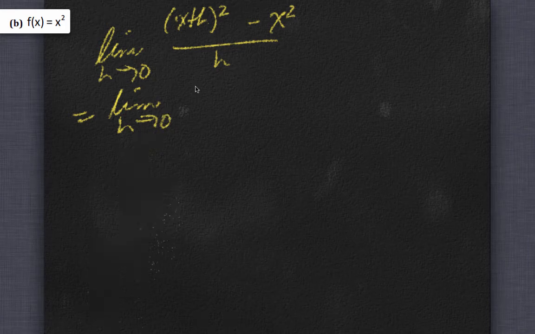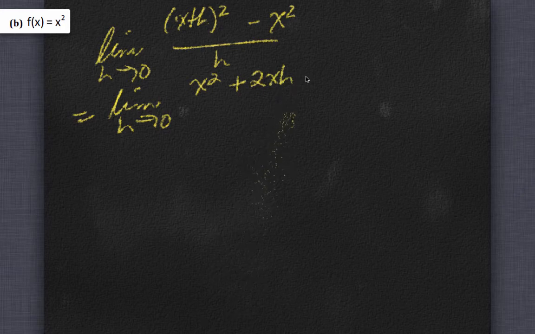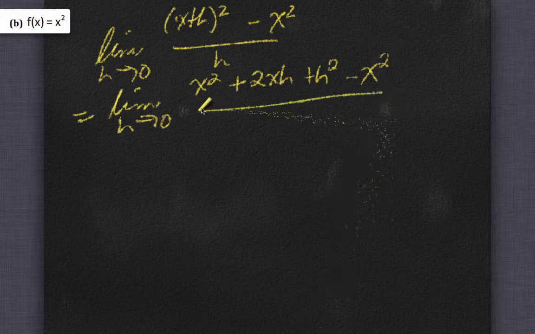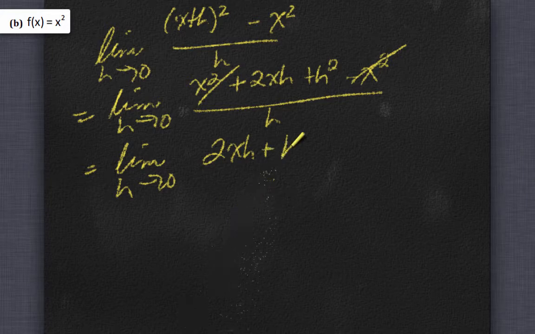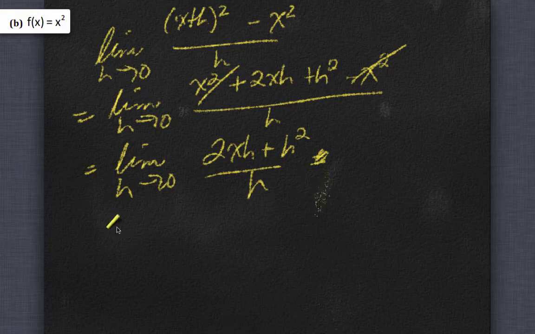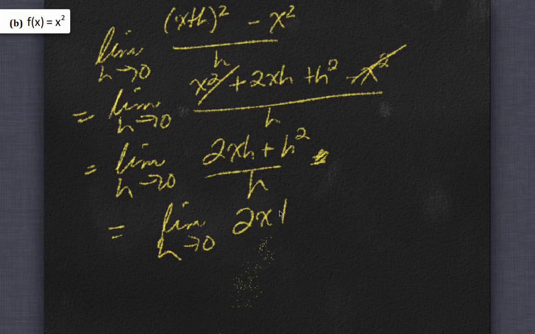Now I'm going to FOIL this, so I'm going to get x squared plus 2xh plus h squared minus x squared over h. So I'm going to factor out an h, plug in 0 for h, and I get 2x.